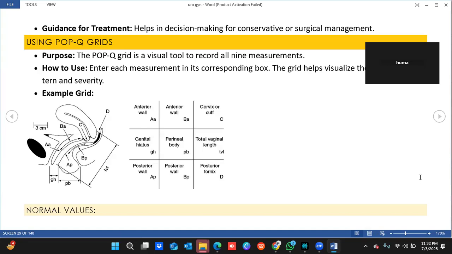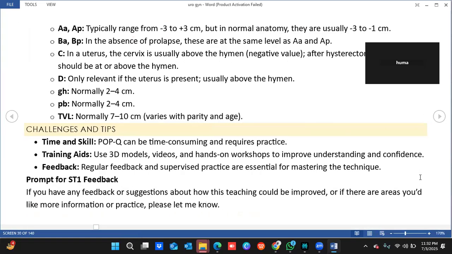Ba is the upper part of the anterior vaginal wall, and you can see the cervix. D represents the posterior fornix, and in the same way there are Ap and Bp, the genital hiatus, and the perineal body.